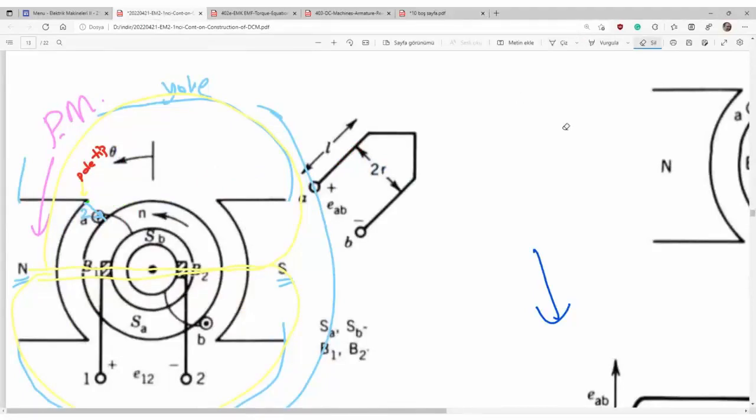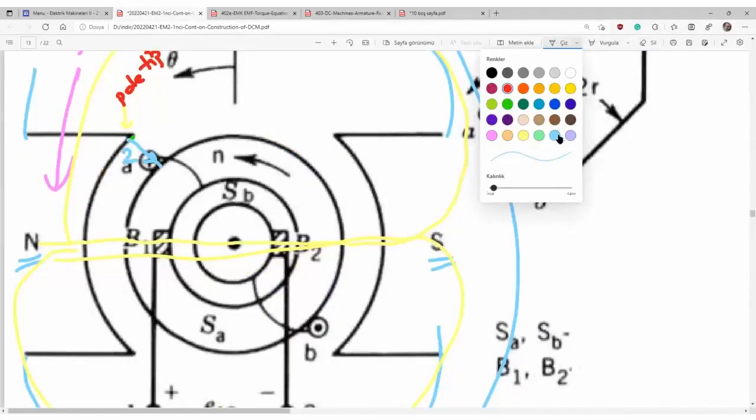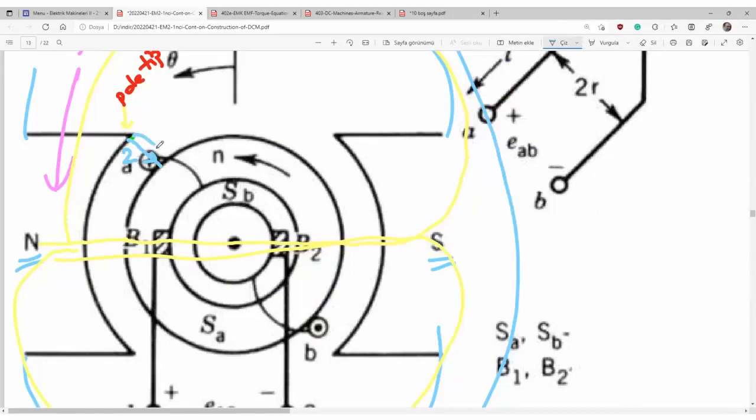Okay, let me complete the field lines. Here are the equipotential lines. And you know, magnetic field lines always prefer the shortest path. Then it would be like this, and like this.